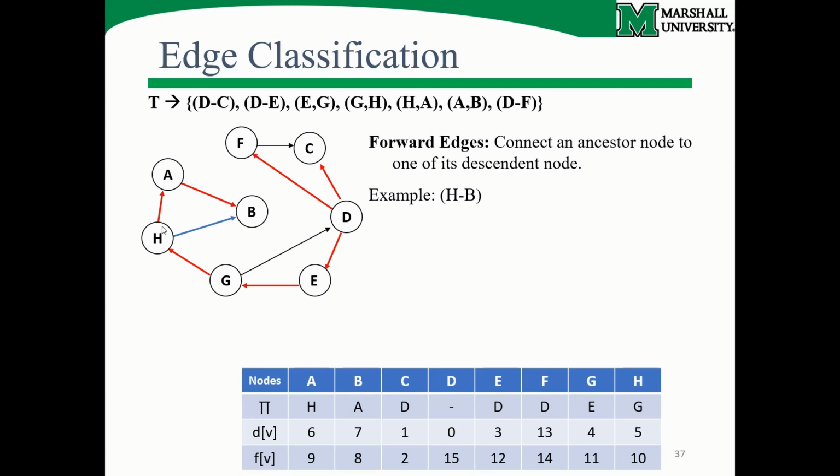In the tree formed by red edges, H is an ancestor of B, and the edge HB connects an ancestor H to its descendant B. So this edge is called a forward edge.